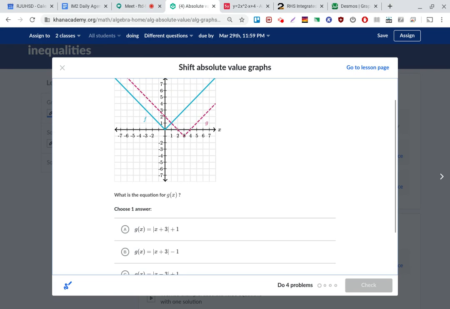So if it's a plus, it goes to the left, and if it's a minus, it goes to the other way, right? I always remember one of them, right? Plus left, minus right. Okay, that's the easy way, right? So go ahead and let me know when you have your 4 in a row, or if you have any questions whatsoever. Okay.